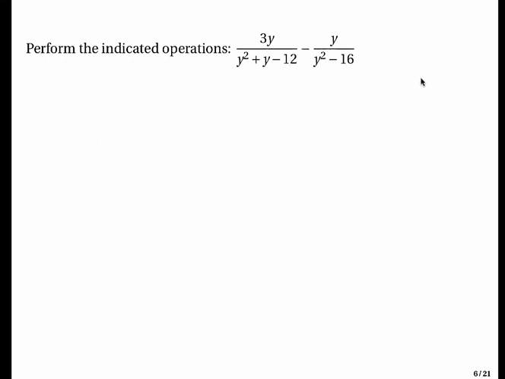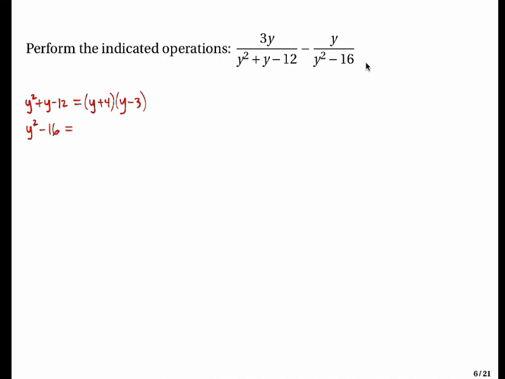So first, let us factor the denominators. So your y squared plus y minus 12, okay? Practice on factoring. You should be able to factor this into y plus 4 times y minus 3. And then for this one here, we have difference of two squares, y squared minus 16.